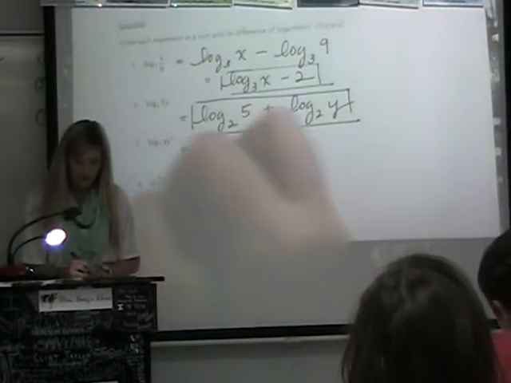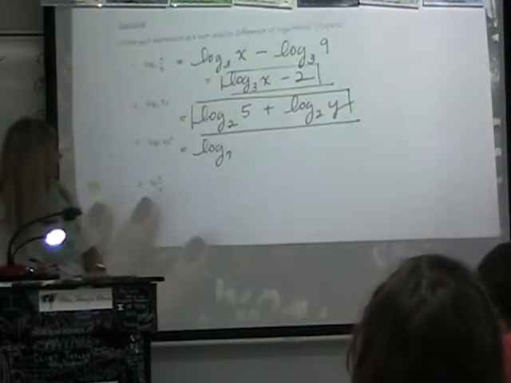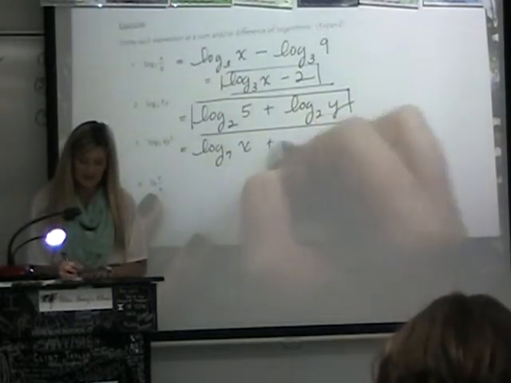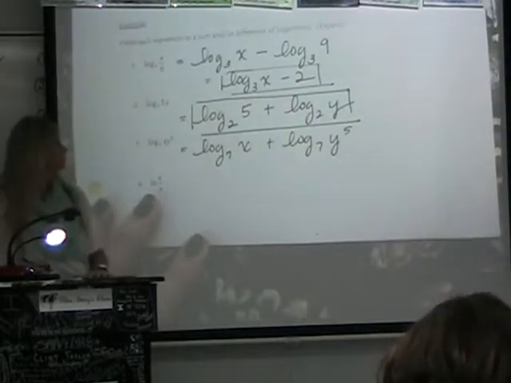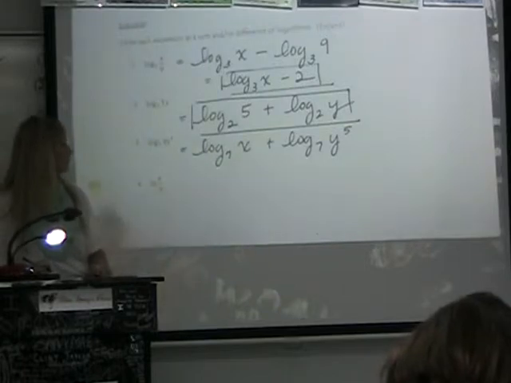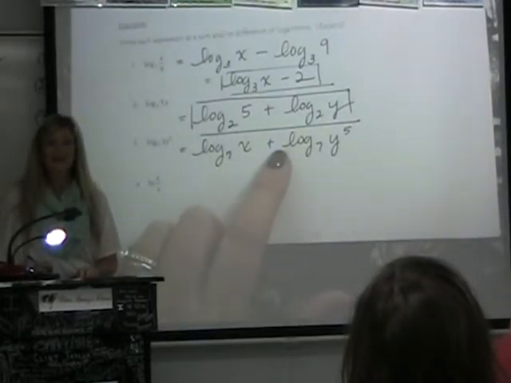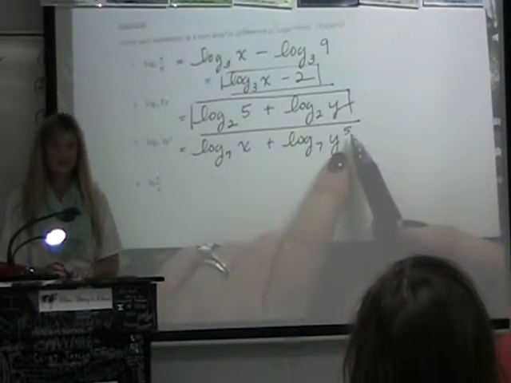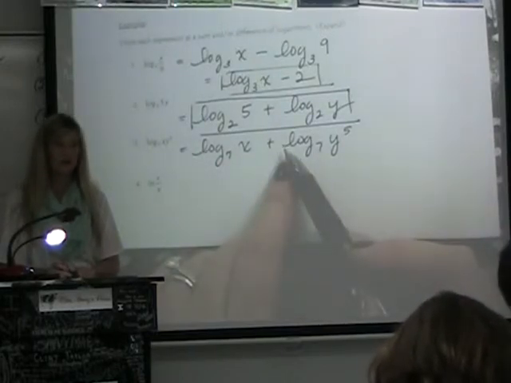Number 3, we have 2 operations we can expand. The first one is log base 7 of x plus log base 7 of y to the 5th. Remember, multiplication implies addition. And then we can take it one step further because we have an exponent. We can use property number 5 and pull that exponent down in front of the log base 7 of y.